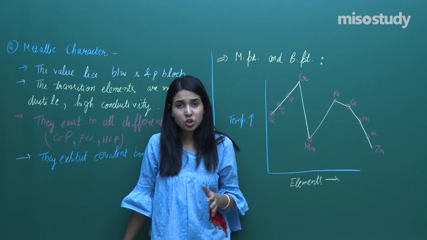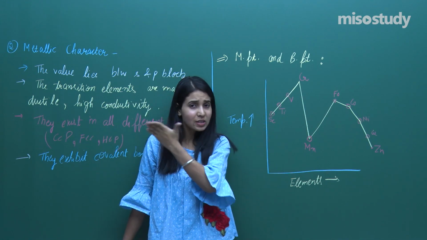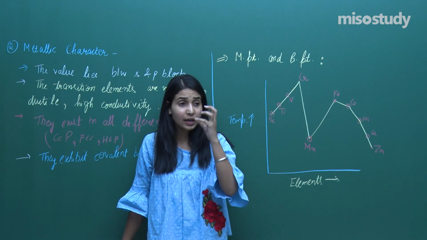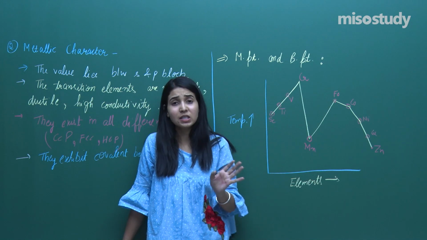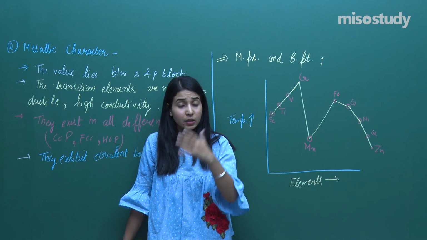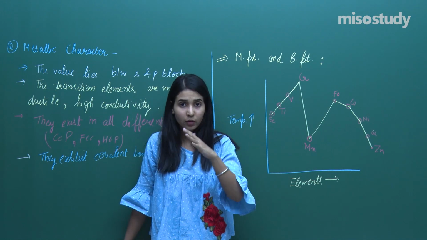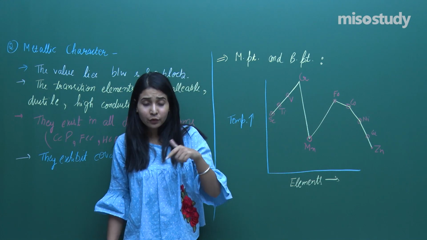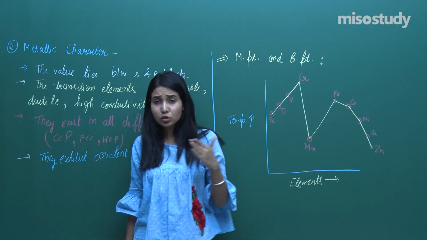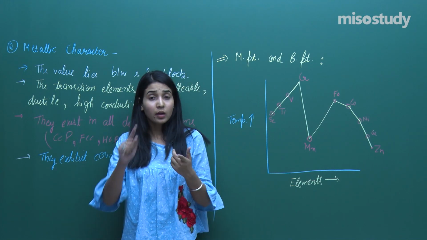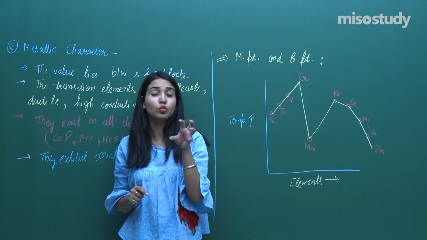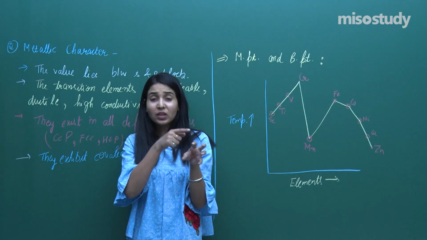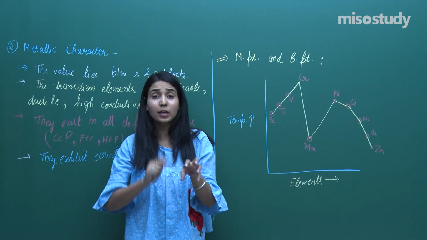As I said initially, when I was talking about the size, we observed a decrease in size along a period, but then after a certain point, there was an increase. Why was that happening? Initially it was because of the fixed nuclear charge and the addition of new electrons till chromium.